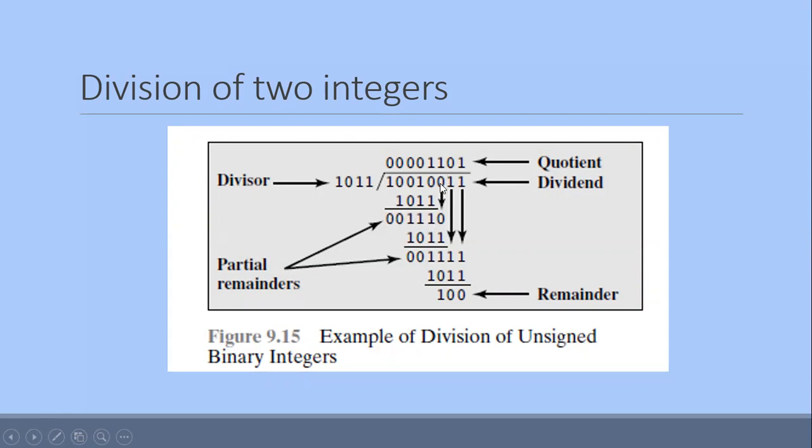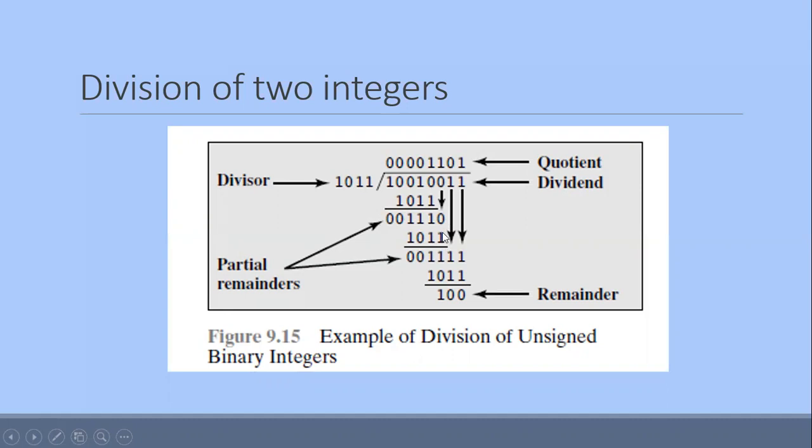Then you take the next bit here. What number do you have right now? 1110. Now check whether this number is greater than your divisor. Yes, it is greater than the divisor, so again we subtract the divisor from this partial remainder.